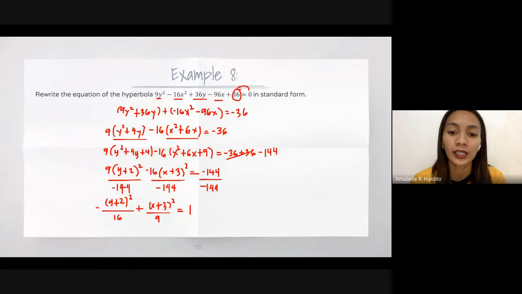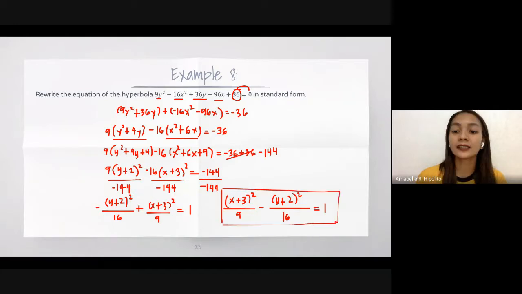So, the standard form will become x plus 3 squared over 9 minus, ito na yan, minus y plus 2 squared all over 9. Ay, sorry, all over 16 equals 1. Okay, so since naka-standard form na siya and wala na tayong ibang isi-simplify, this is the final answer.